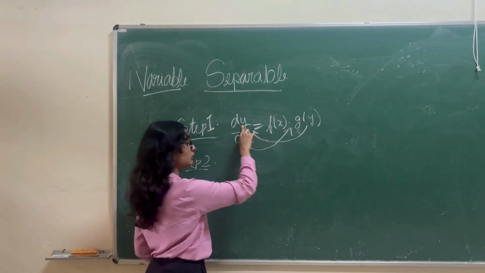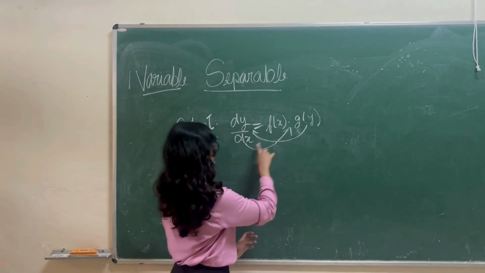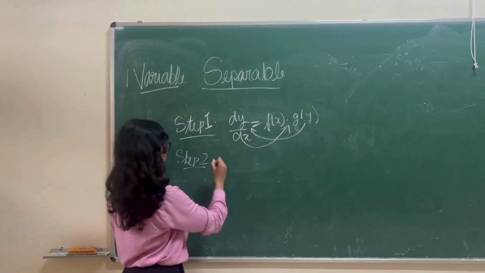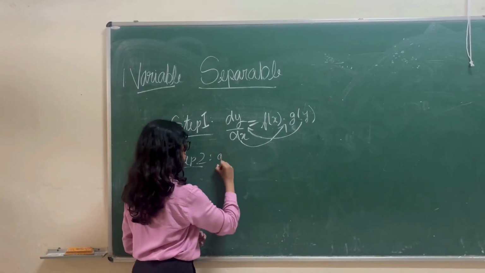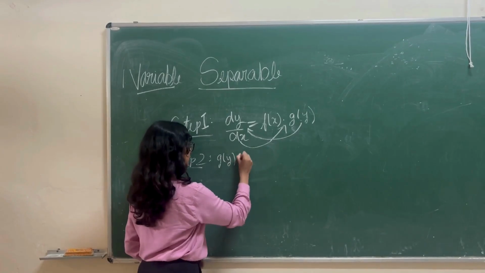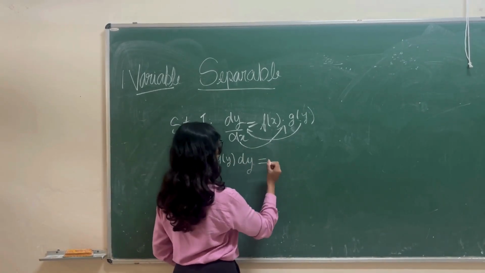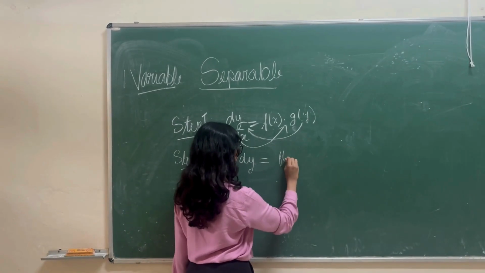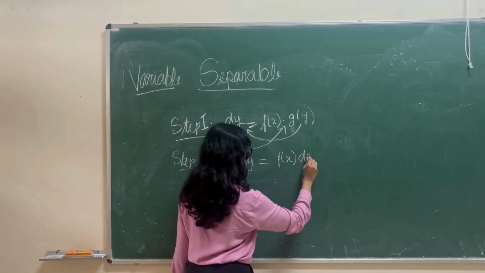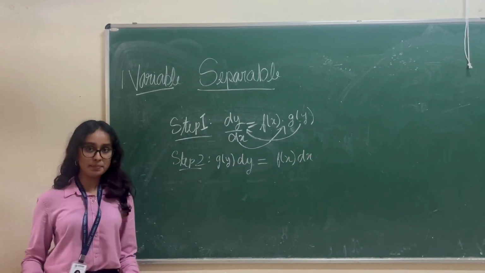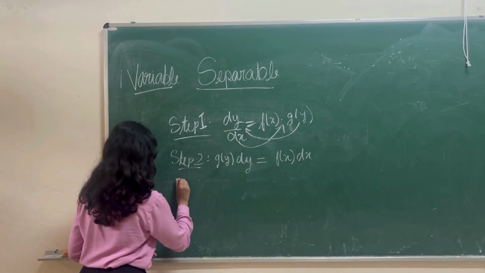So the y terms are on the left hand side and the x terms are on the right hand side. This will be represented as 1 by g of y into dy is equal to f of x dx.